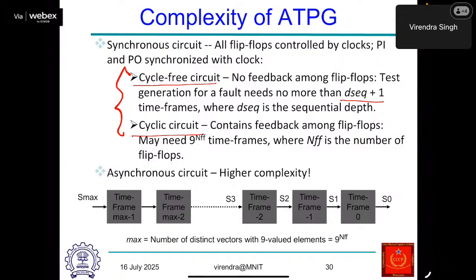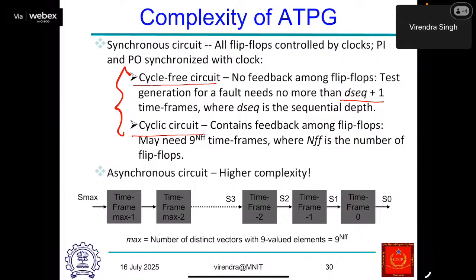Sequential depth is defined as the maximum number of flip-flops that can occur between any possible pair of input and output. So if it is cycle-free and the maximum number of flip-flops between any input and output is 10, then you may need to replicate your circuit 11 times.